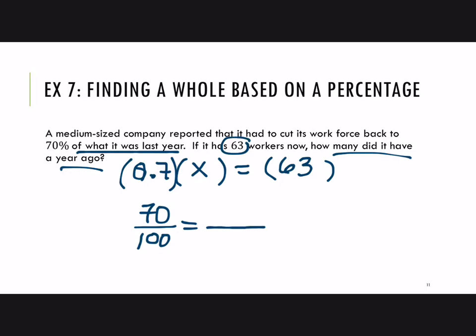And then the workforce was cut back. So 63 is the current number, it's the smaller number because the workforce was cut back. So that should go in the numerator. And then what we need to know is what was the total from last year, the higher amount.